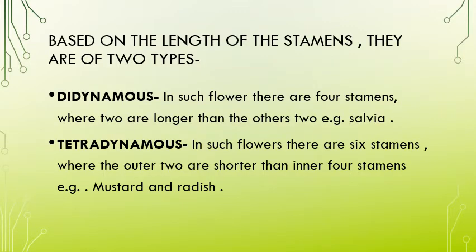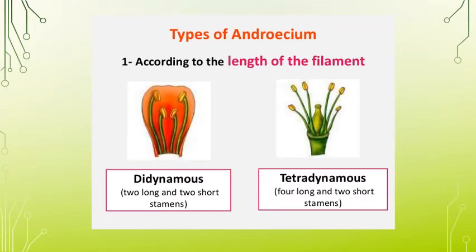Our next classification is based on the length of the stamens, and they are of two types. Diadynamous: in such flowers there are four stamens. In this image you can see that according to the length we have two types, diadynamous and tetradynamous. In diadynamous you have two long and two short stamens.